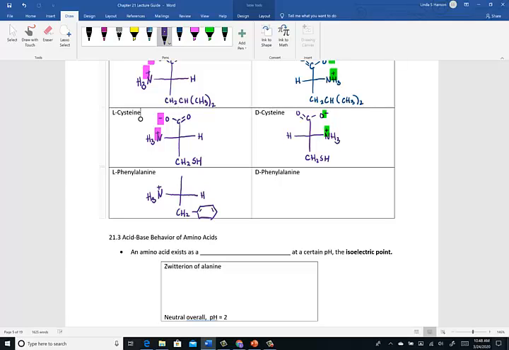And then we'll alternate double, single, double, single. Remember that the carboxylic acid will align its oxygen, the negative side, to the left side as well. So here we have the zwitterion of L-phenylalanine.